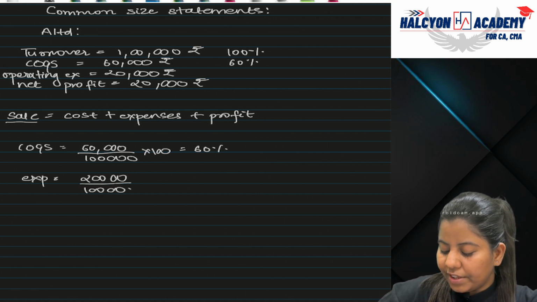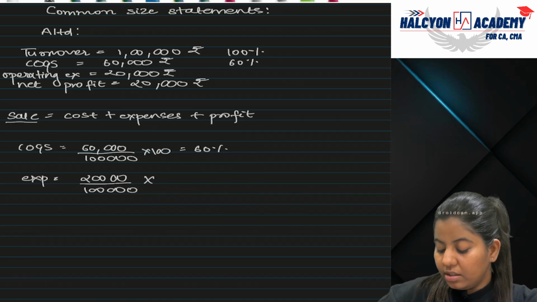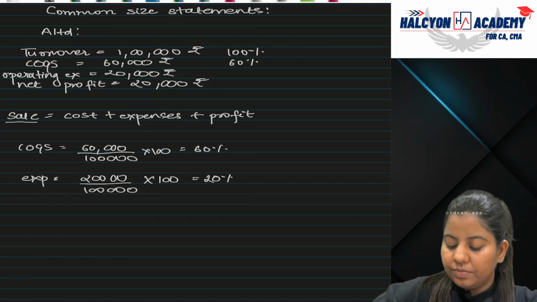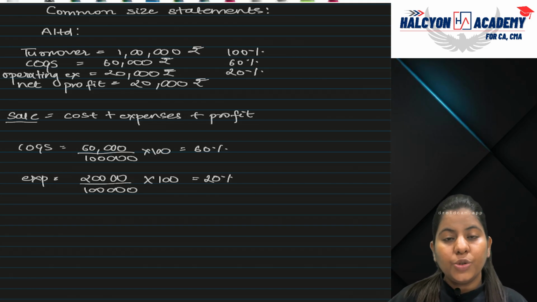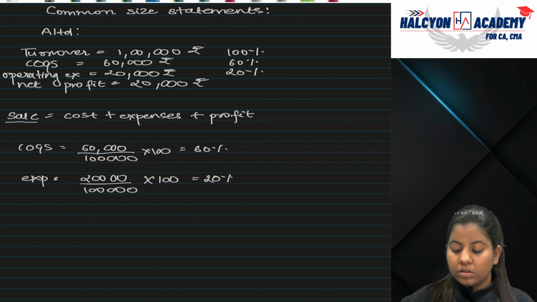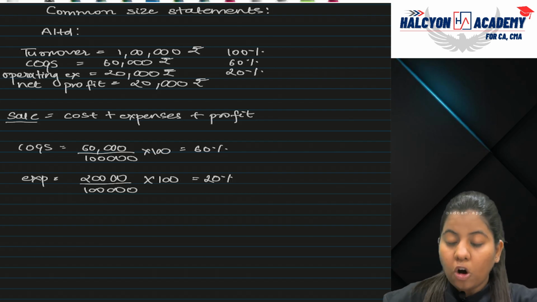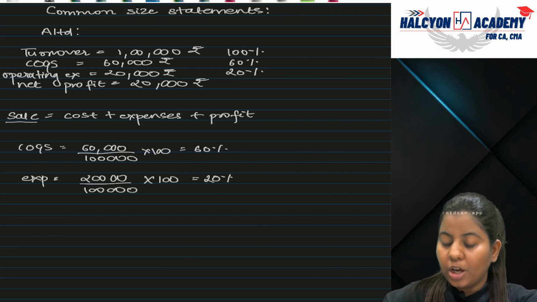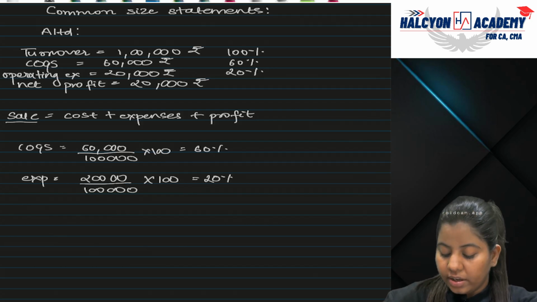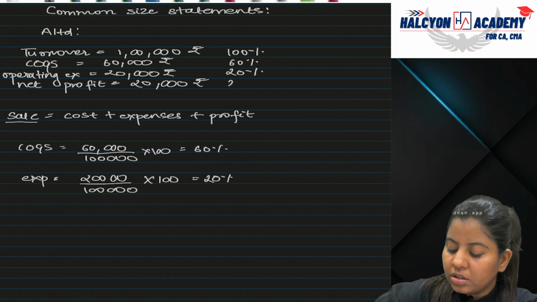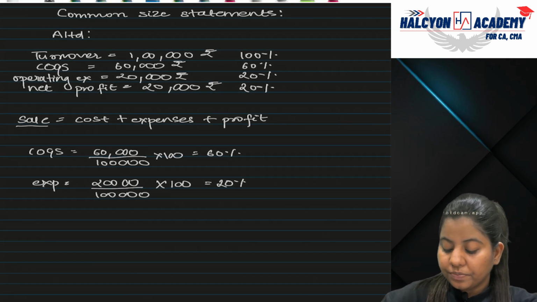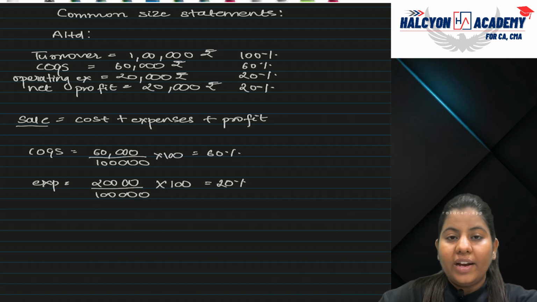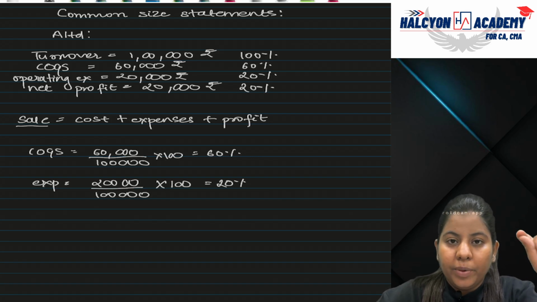So 20,000 divided by base, that is turnover 1 lakh rupees, into 100 is 20%. So the part of operating expenses in turnover is 20%. Cost holds 60% in turnover, expenses holds 20%. And again net profit is 20,000, that means 20%. Okay. So that's how we find out the percentage of each and every element.